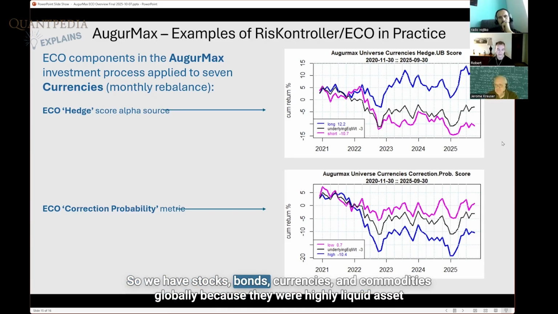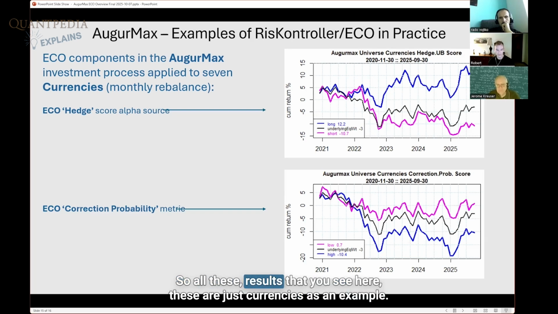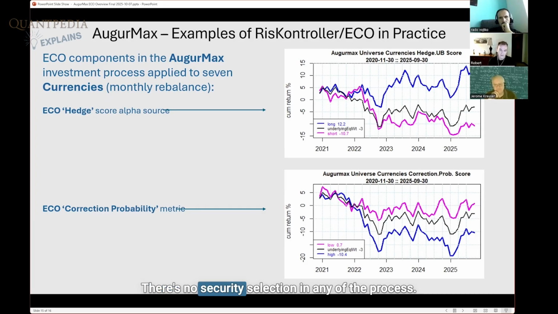So we have stocks, bonds, currencies, and commodities globally, because they were highly liquid asset classes that we could implement using futures. And there's no security selection. So all these results that you see here, these are just currencies as an example.